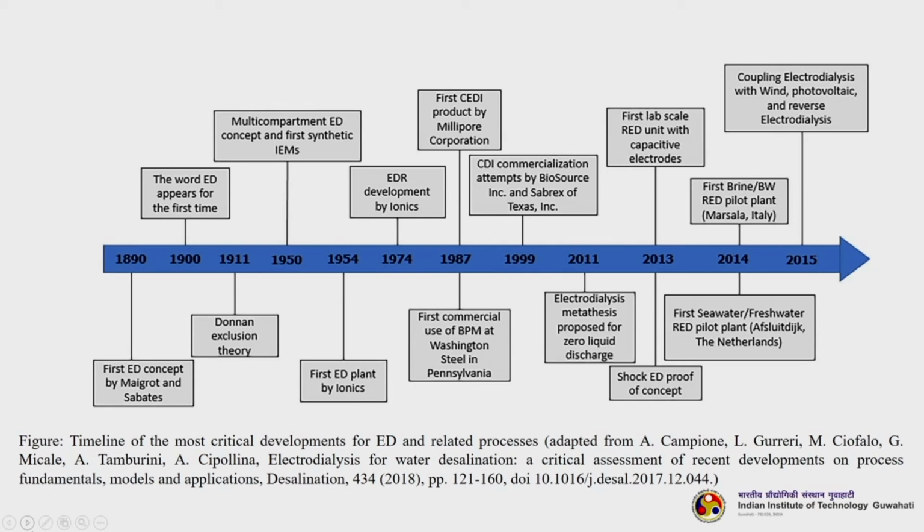Then in 1987, the first commercial use of BPM at Washington Steel in Pennsylvania was reported, and the first CED production by Millipore was also reported in 1987. Then slowly electrodialysis was proposed for zero liquid discharge, the first lab scale RED unit with captive electrodes, and shock ED proof of concept came into the picture. And in 2015, coupling electrodialysis with wind, photovoltaic and reverse electrodialysis systems was proposed.